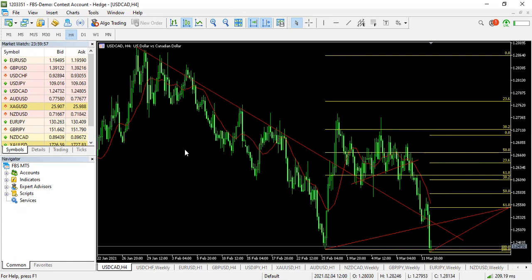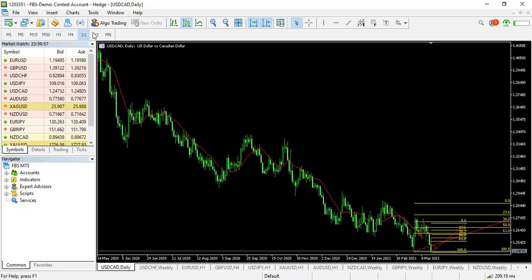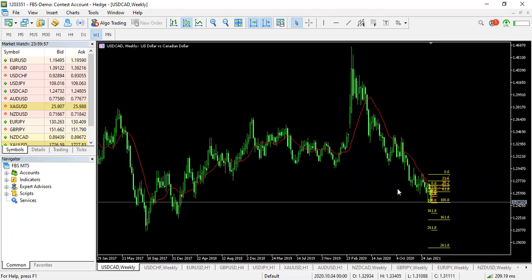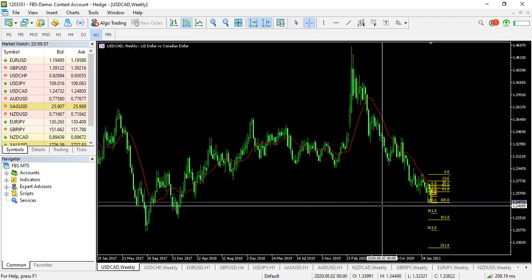Also, the risk ratio here is very low, because as you can see, we're already in the buy area. Your stop loss here would probably be 1.24, which is about 70 pips, or you can even make a tight stop loss.